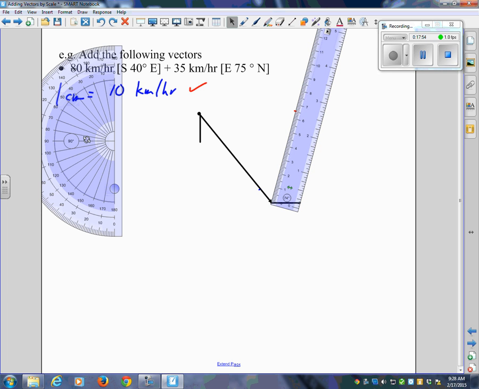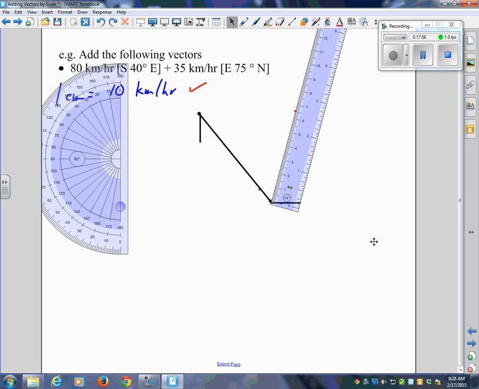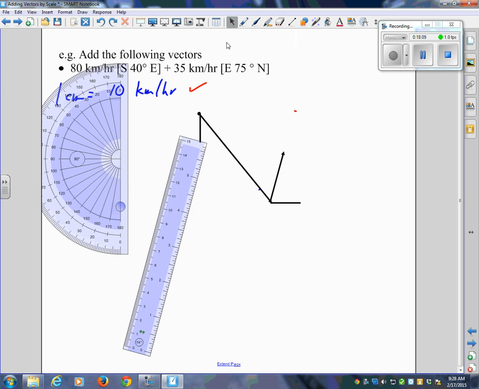And it's 3.5 long, so I'm going to draw it to 3.5 right there. And then measure your resultant. Let me just draw it first. So there's your answer. Looks just like that.